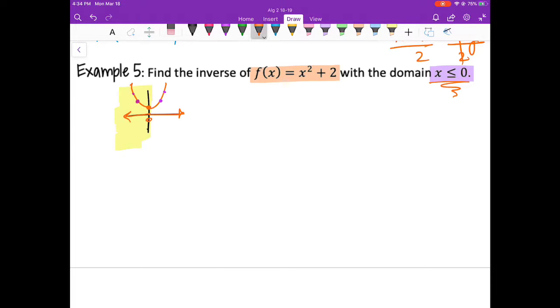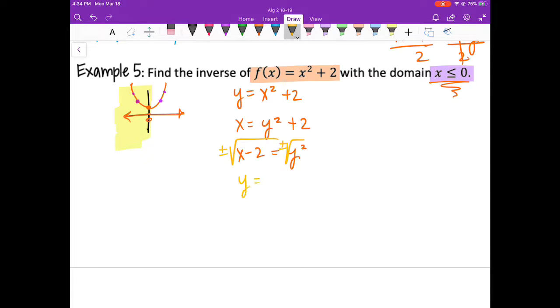So what we do, we still find our inverse function in the same fashion. We just say y equals x squared plus 2. I swap x and y, and then I solve for y. So I subtract 2 from both sides, x minus 2 equals y squared, and I square root both sides. Now, remember that when we square root, we normally take the plus or minus square root.